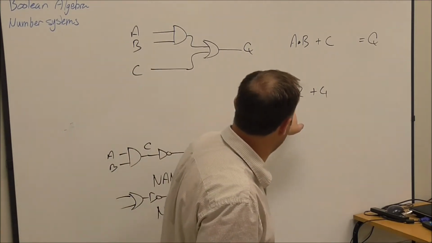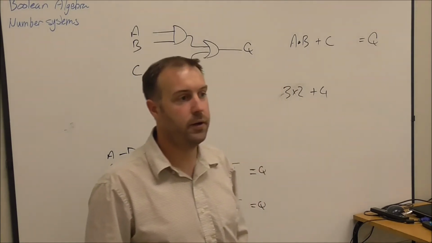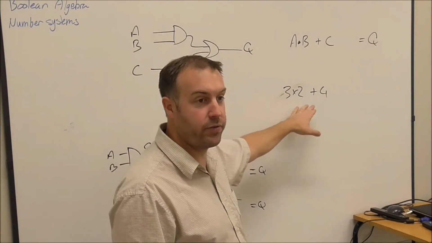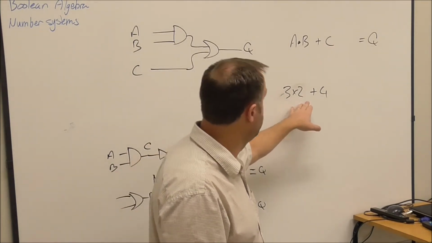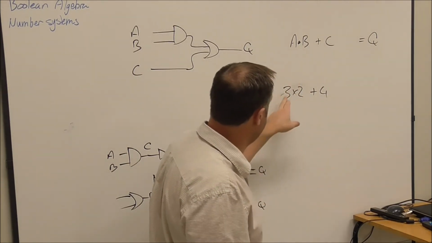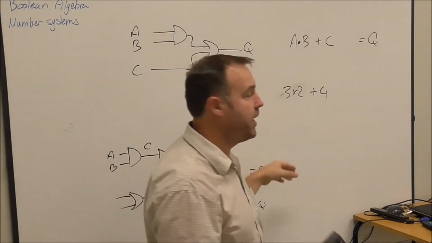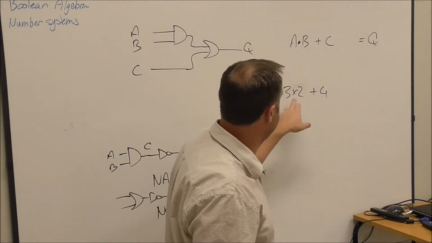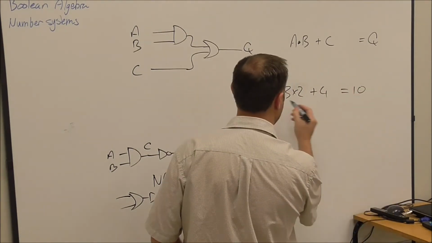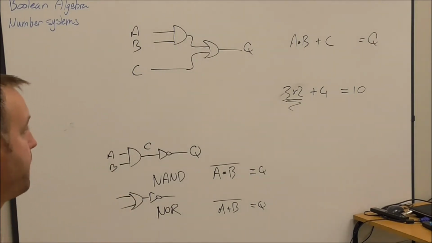Is it 3 times 6, or is it 6 plus 4? So order of operations matters for this. 3 times 6 is 18, so if I got the order of operations wrong there, I get a different answer than if I did 3 times 2, which is 6, plus 4, which is actually equal to 10, because I have to do the multiplying first.